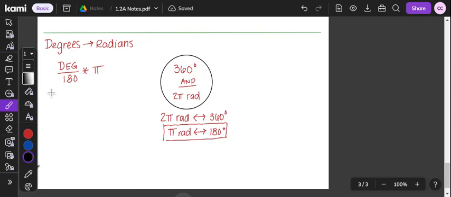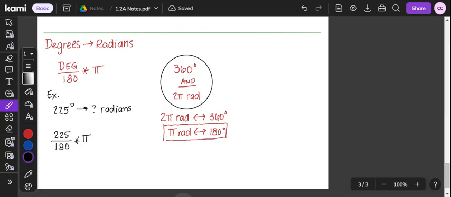So we can look at an example of this. Let's say you are given 225 degrees and you want to turn it into radians. Okay, well, you're going to use the formula right up here. You're going to take your degrees, divide by 180, and multiply by pi.